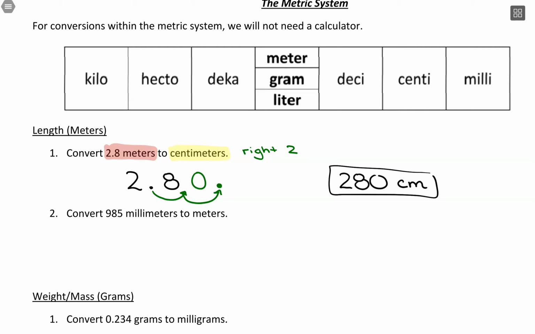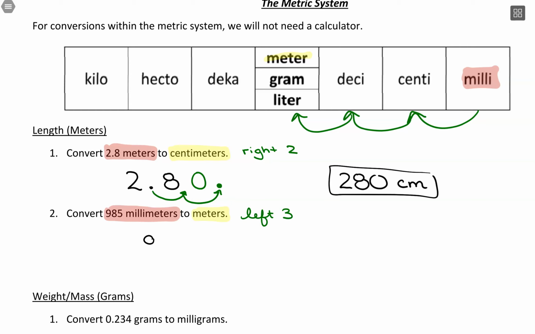We're going to do 985 millimeters, and we're going to make that meters. So I'm starting with millimeters, and I want to end up at meters. So I'm going to go 1, 2, 3. So left 3.